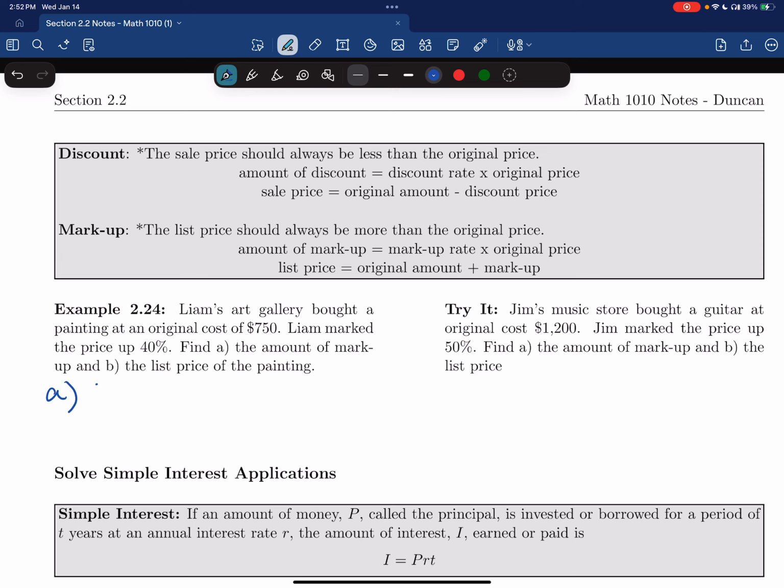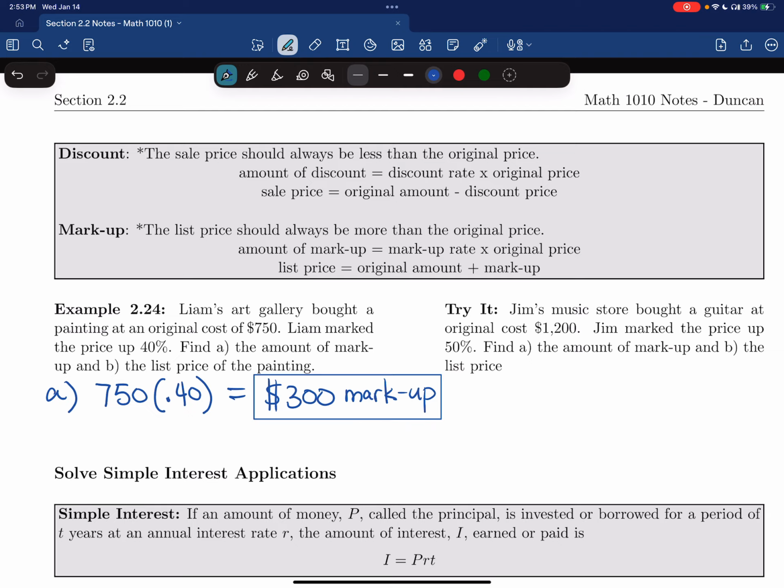We're going to take $750, the original cost of the painting, and multiply it by 40% as a decimal. We'll write it as 0.40. Multiplying these together gives me $300. So that's how much they increased the price of this painting. Liam increased it by $300.